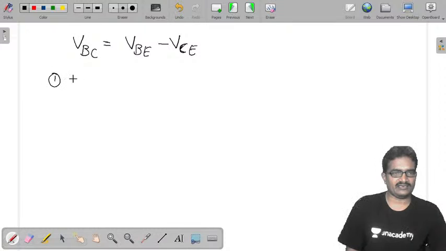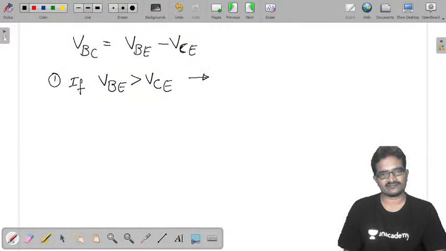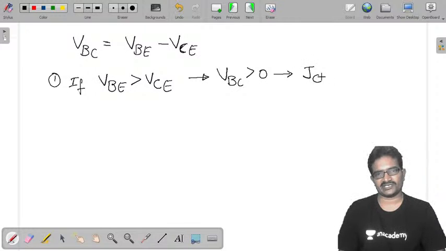Step 1: if VBE is greater than VCE, then VBC is greater than 0, and the collector junction is under forward bias.